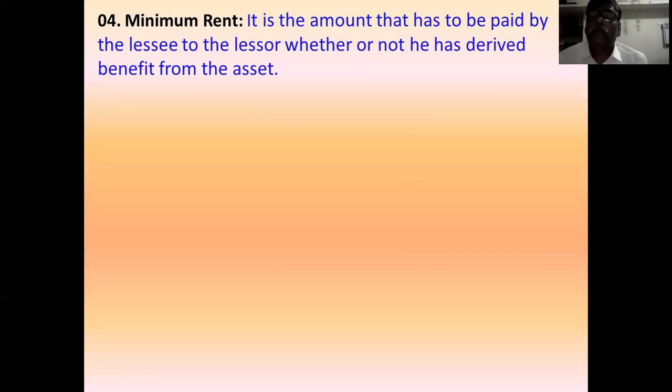That is called minimum rent. So minimum rent is the amount that has to be paid by the lessee to the lessor whether or not he has derived benefit from the asset.